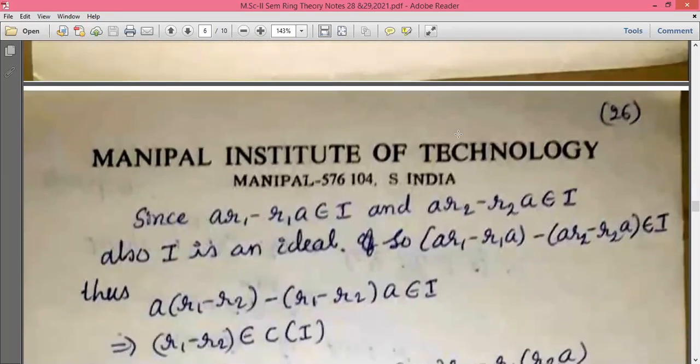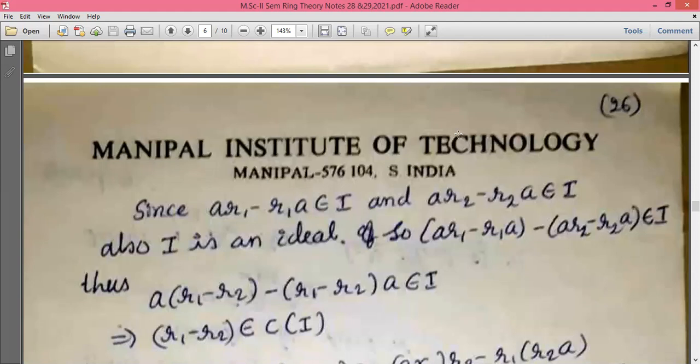Since AR1 minus R1A is in I and AR2 minus R2A is also in I, and I is an ideal, the difference is a member of I.